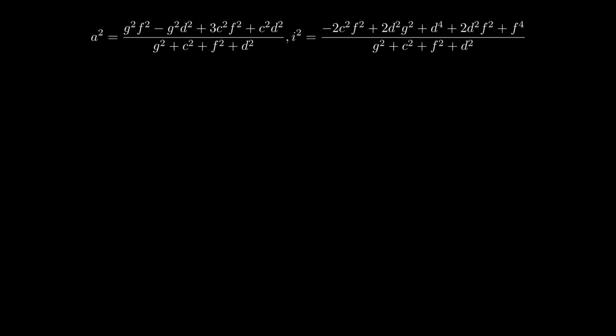There is a way to greatly reduce the a squared and I squared equations, and it's going to involve yet another previously found equation, c squared plus g squared equals d squared plus f squared.